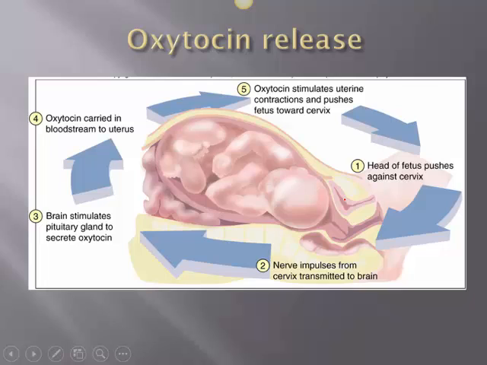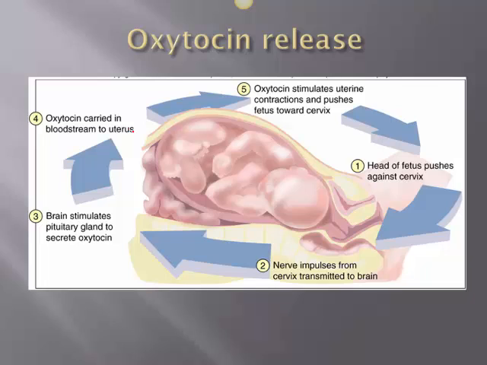This dilation actually sends impulses to the brain, and it goes to the posterior pituitary where oxytocin is stored. Oxytocin is released. It acts on the uterus, which makes the uterus contract, pushes the head down further, the cervix dilates even more, impulses keep going, and the loop keeps going on. So this is a positive feedback.